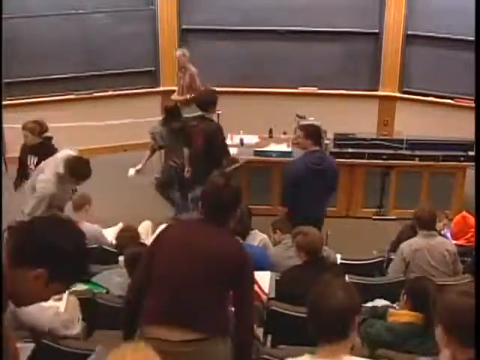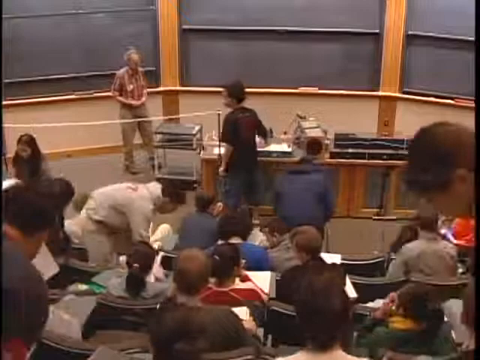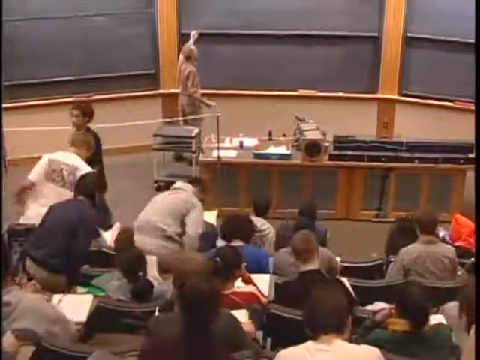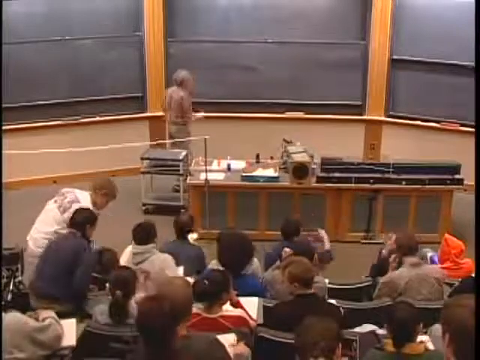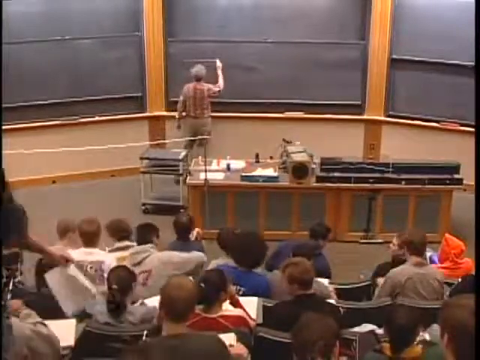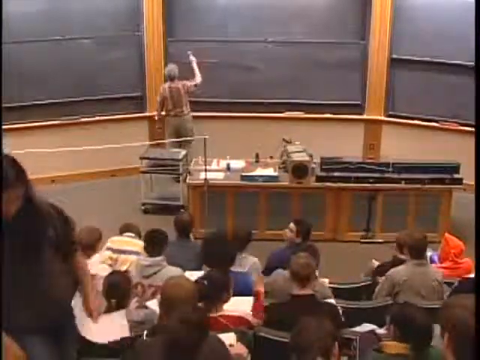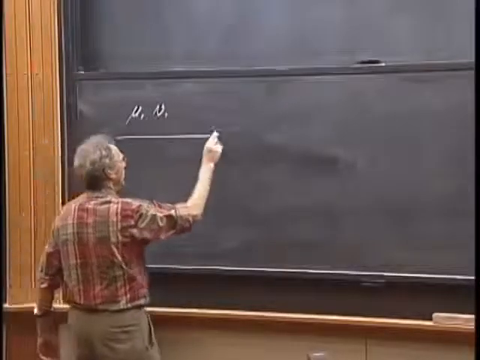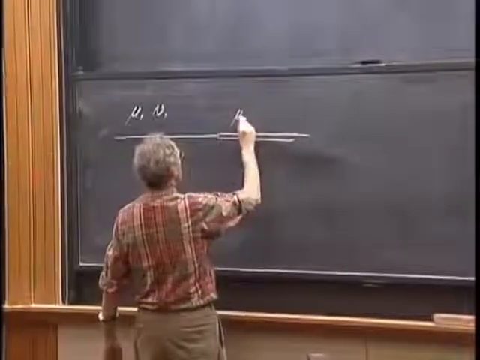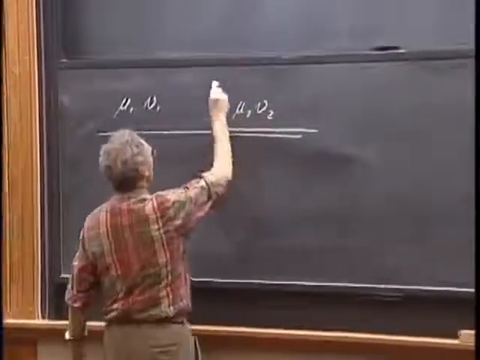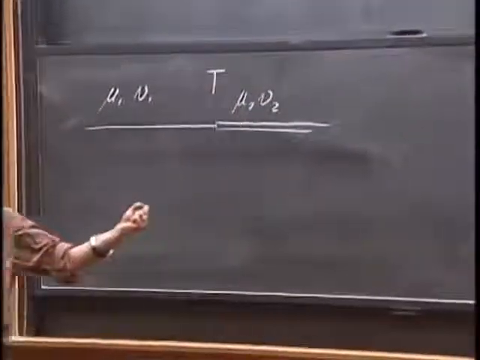I'm now going to change the boundary conditions, which is something that you will need very much for your problem set. Here is a string, mu1, v1, and here is a string, mu2, v2, and obviously they are at the same tension.